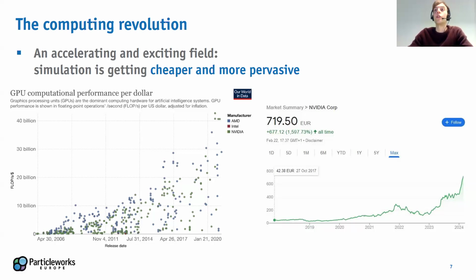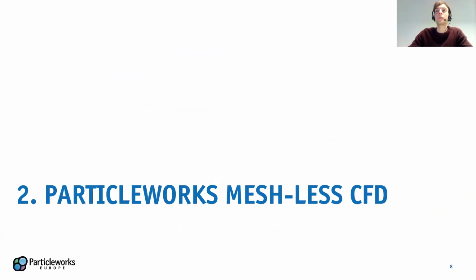Particleworks runs on GPUs, and we all know how GPUs are improving thanks to AI, but then there is a spillover effect on other sectors, and thanks to the parallelization of the Particleworks algorithm, we can effectively take advantage of this computing revolution.